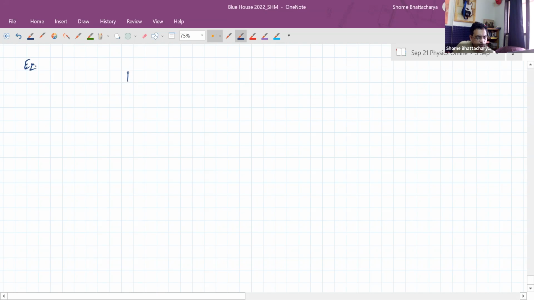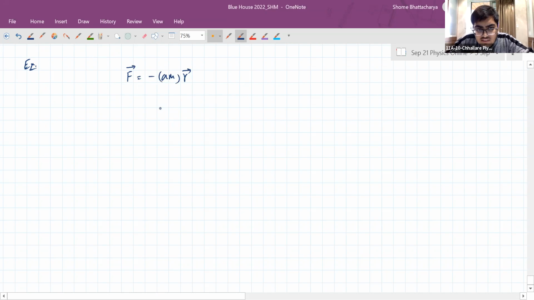So we have this equation given, which I'm now writing in vector form. So it is minus AM into R. Which SHM you said? Sorry, come again, beta. Orthogonal, right? I'll explain. Let me come to the question.